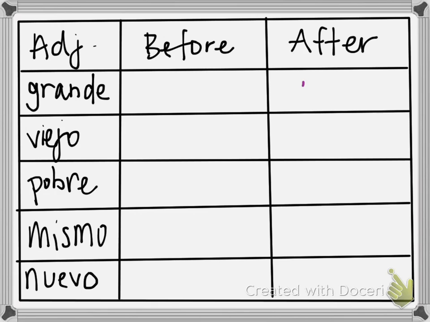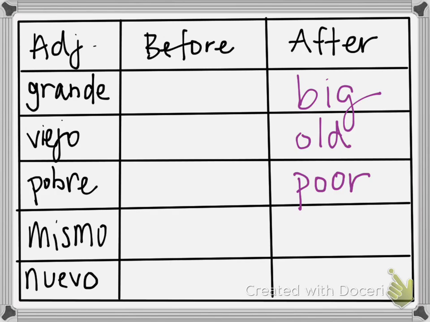So grande means big. Okay, por ejemplo, un elefante grande. Okay, viejo, old. Like mi profesora vieja, my old teacher. Pobre, poor. As in, no tiene dinero, es muy pobre.